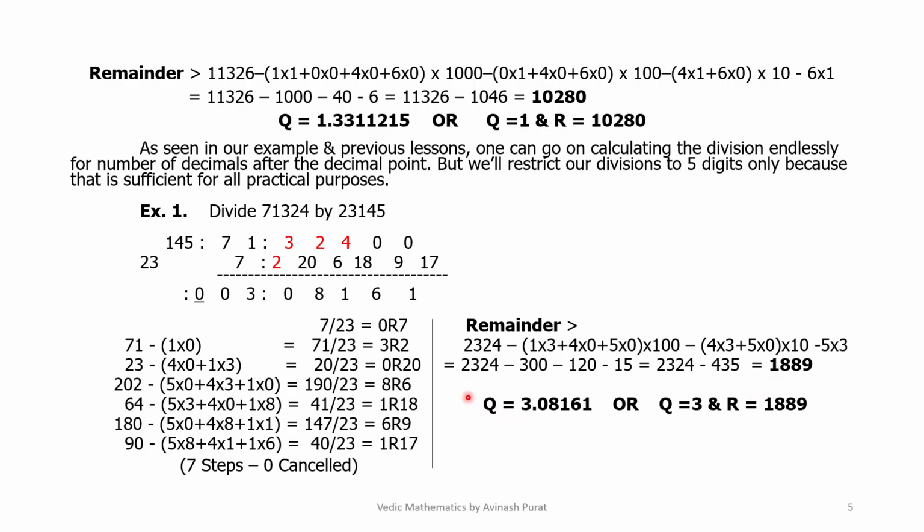So the quotient is 3.08161, or the quotient is 3 and the remainder is 1889.